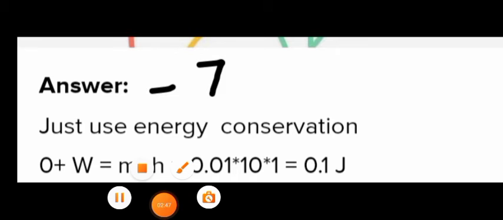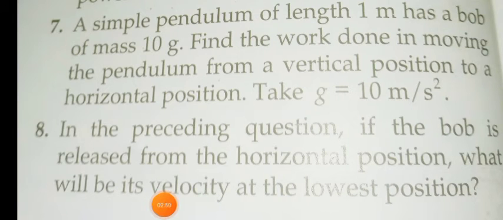Do you understand this? In the preceding question, if the bob is released from the horizontal position, what will be its velocity at the lowest position? According to the 7th question, if the bob is released from the horizontal position, it moves sideways, and when it reaches the lowest position, that is the vertical position, what will be its velocity?